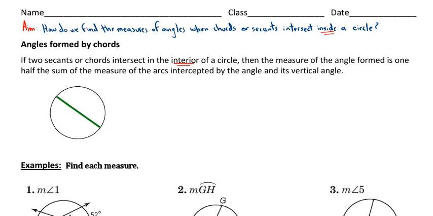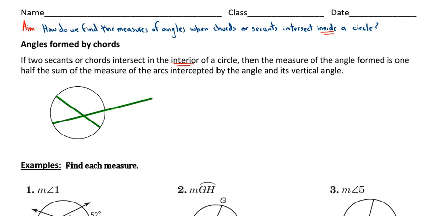So that will be a chord and a secant. Could be that way. And I'm going to name this the point of intersection.